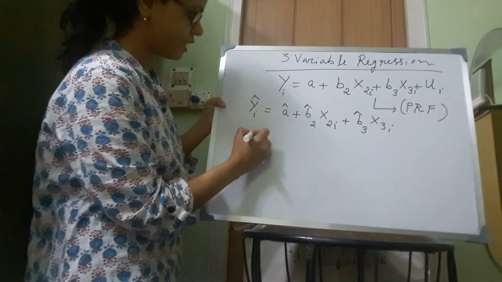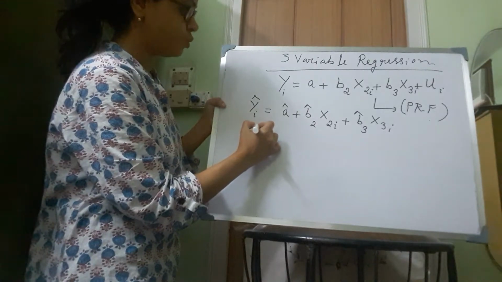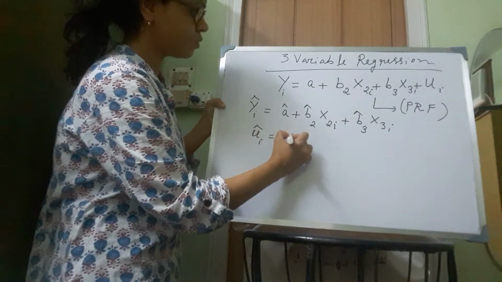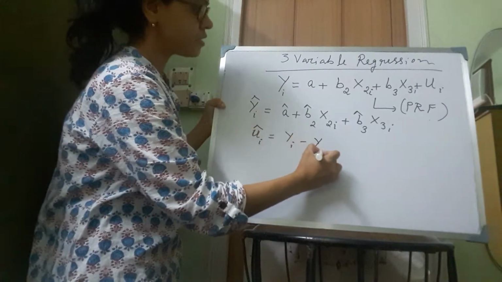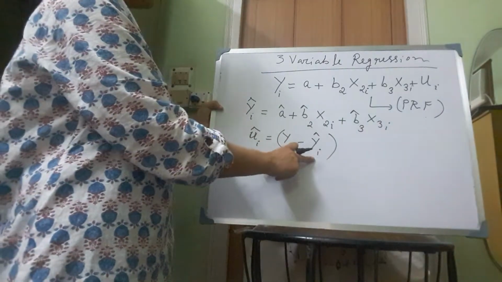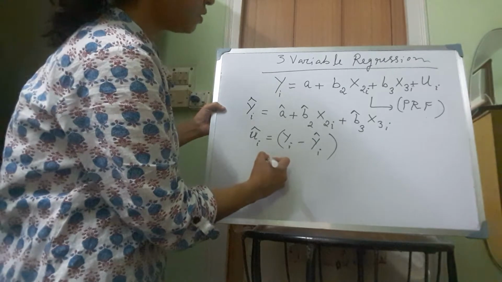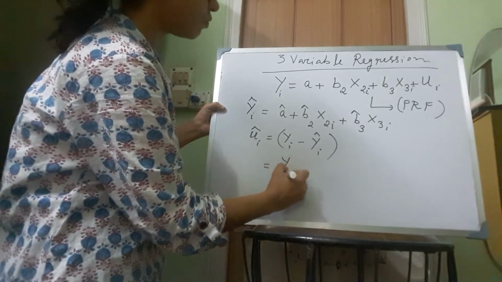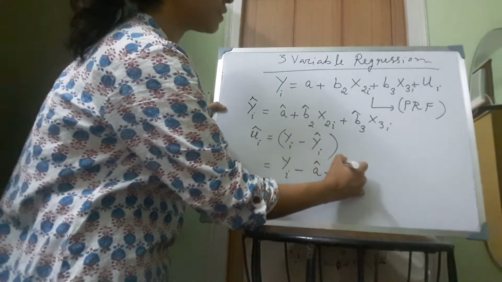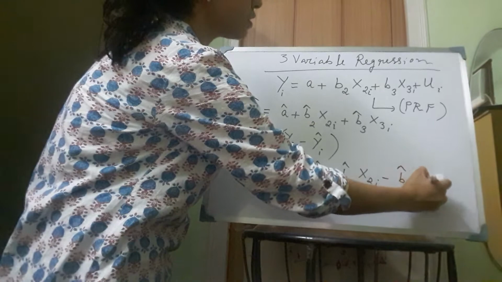Now from here we can find out ui hat, which is equal to yi minus yi hat. That is the difference between the actual y and the estimated yi hat. So this we can write as yi minus a hat minus b2 hat x2i minus b3 hat x3i.